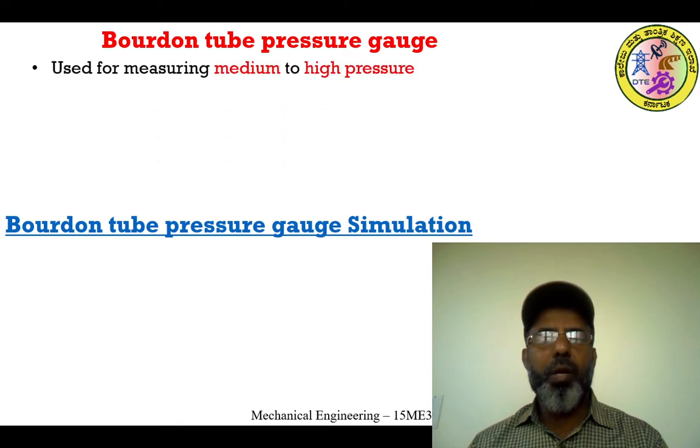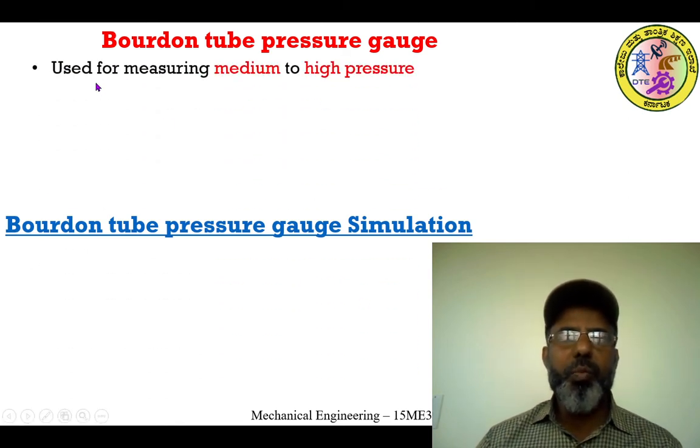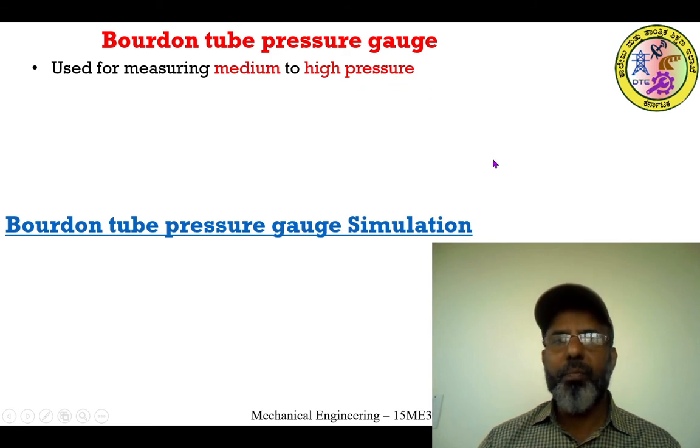Now coming to the Bourdon tube pressure gauge, this tube is employed for measuring medium to high pressure.